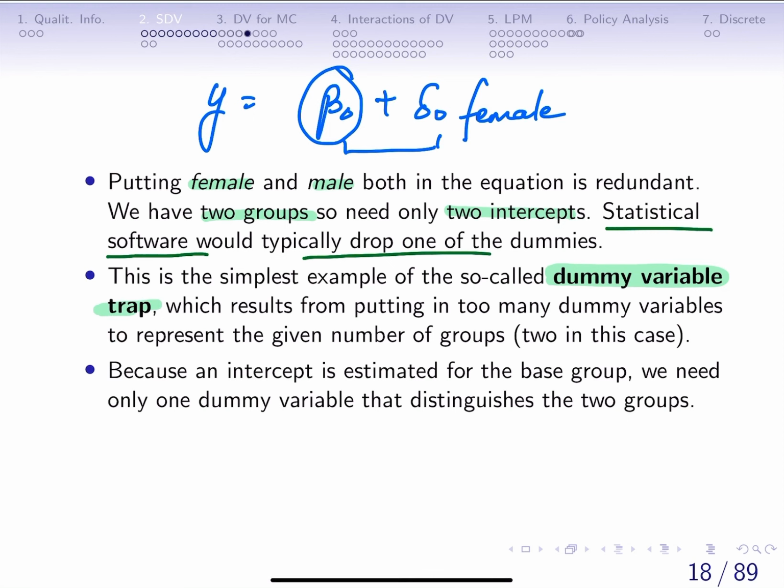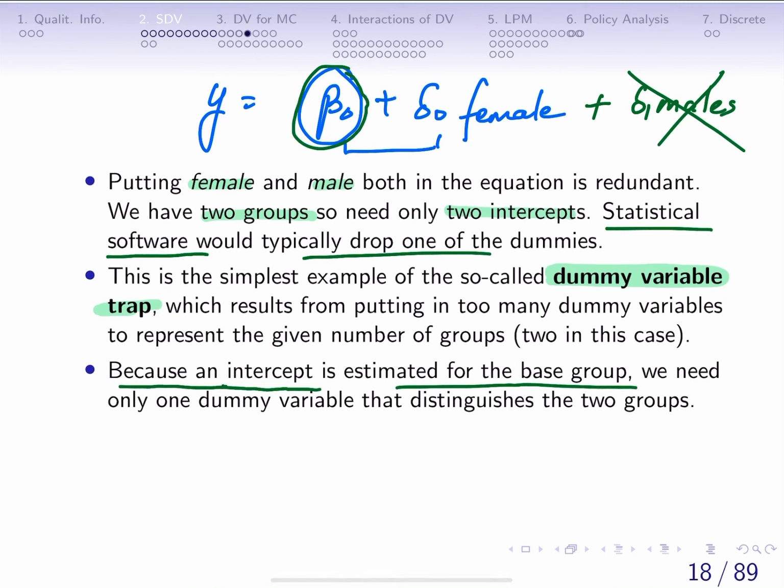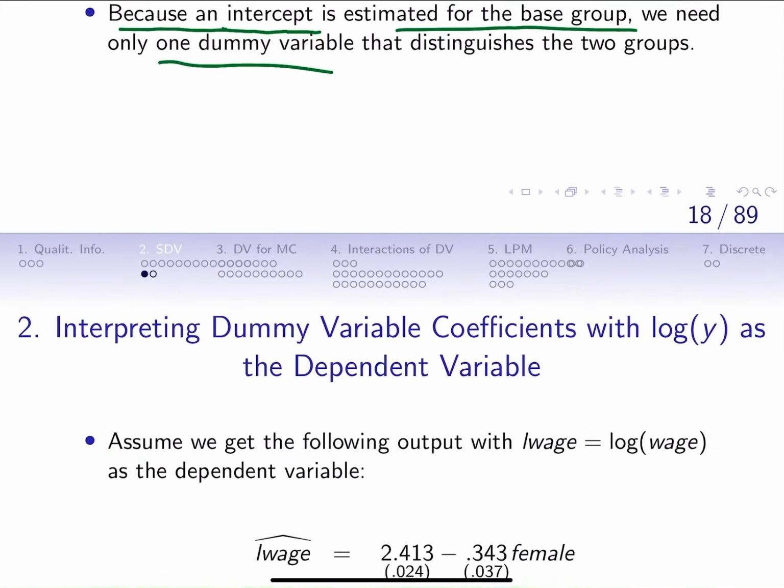Okay, so if you put in 2 variables, then something would be dropped, whether it's females or males. Okay, because these are intercepts, the intercept beta naught is estimated for the base group. We only need one variable that distinguishes the two groups.